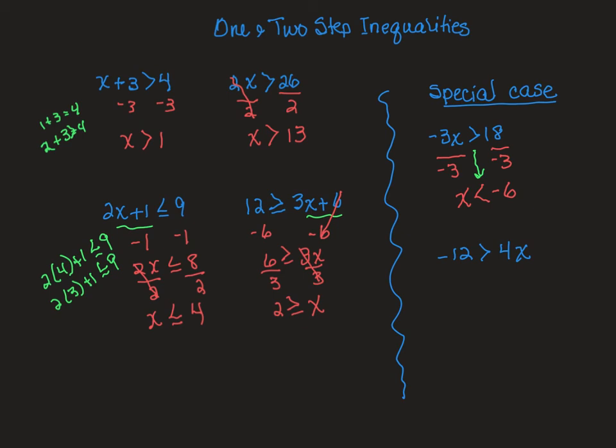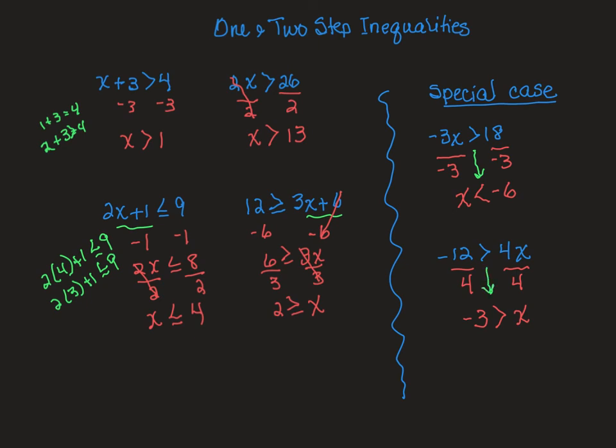Now, look at the problem below it. Is the x negative? No, it is not. If I divide this by 4 and this by 4, the answer is x is less than negative 3. Notice I'm not flipping the sign. It's the same sign.